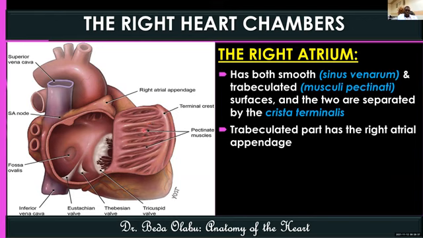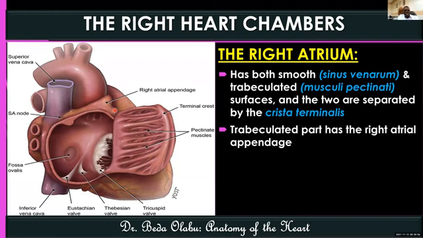It is this trabeculated part that extends into this part here. So you can see that is still trabeculated. And that extension is what we call the right atrial appendage, or basically the right auricle. So an auricle is an ear-like extension of the atrial chamber.